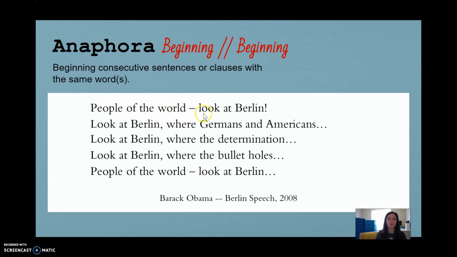So we have, "People of the world, look at Berlin. Look at Berlin, look at Berlin, look at Berlin." We see the beginning of these consecutive sentences all begin with the same words. That's anaphora. And anaphora creates a lot of passion and intensity. It's a good way to rile up an audience and create emotion.